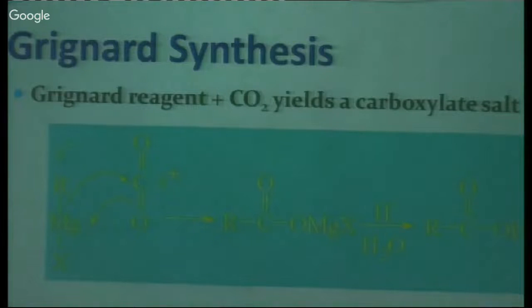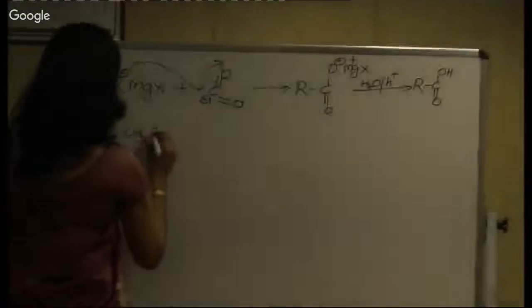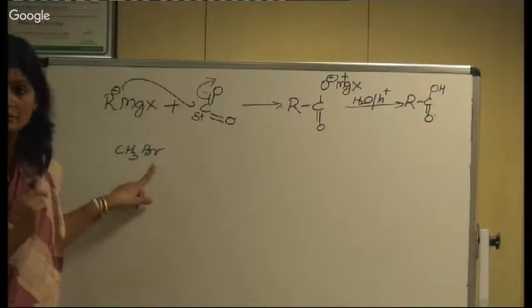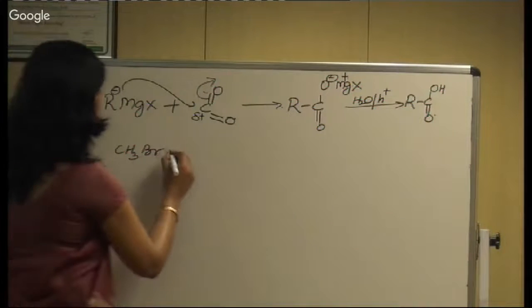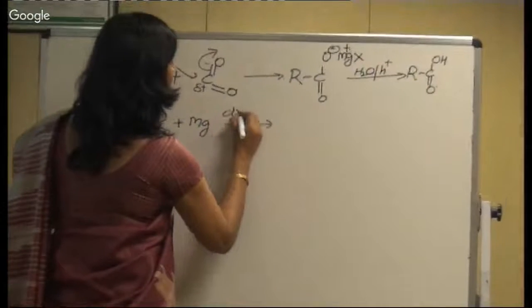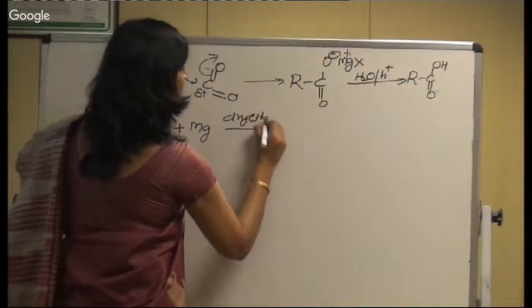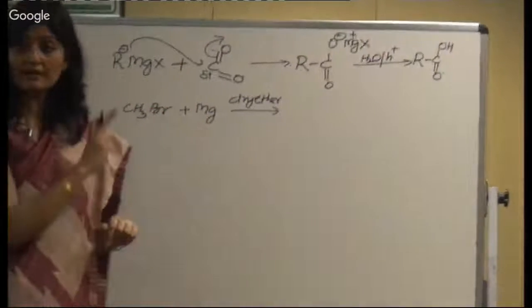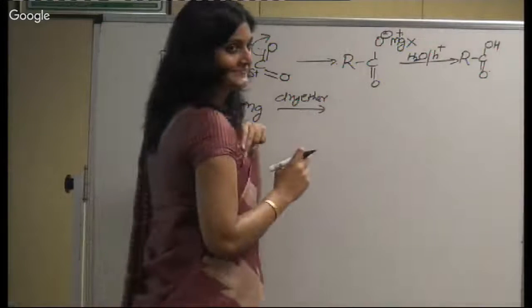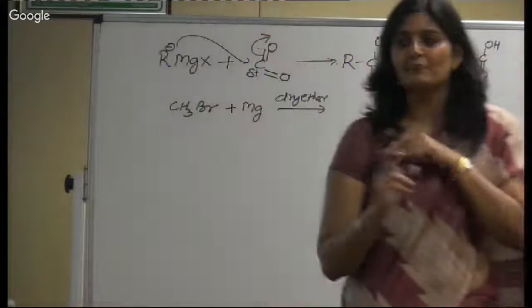Now let us talk about the application that I said for Grignard synthesis. For example, if I have methyl bromide, okay, and if I react it with magnesium in dry ether, that's how you prepare the Grignard reagent. Now please write the product.